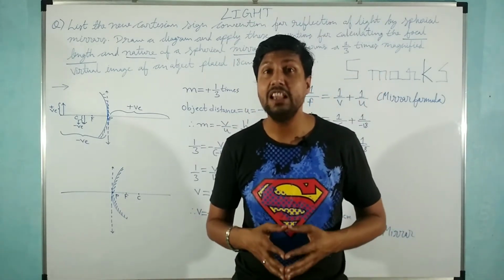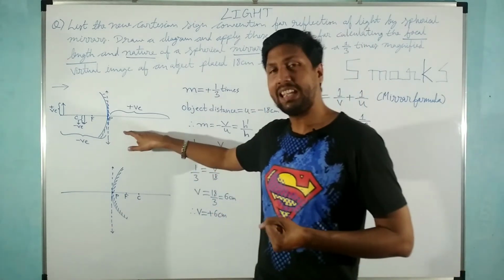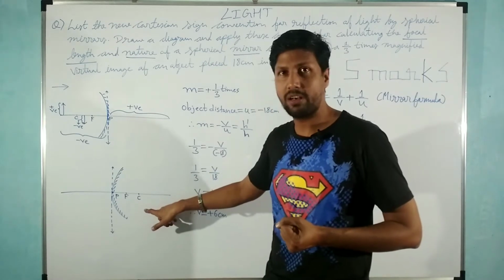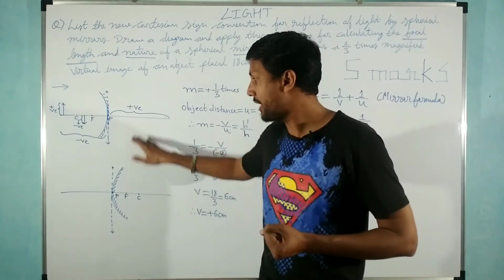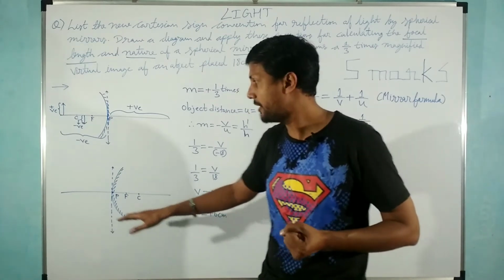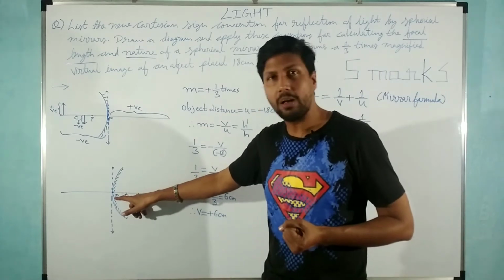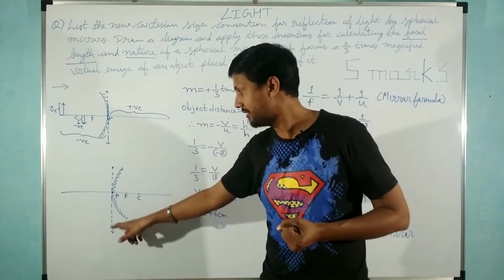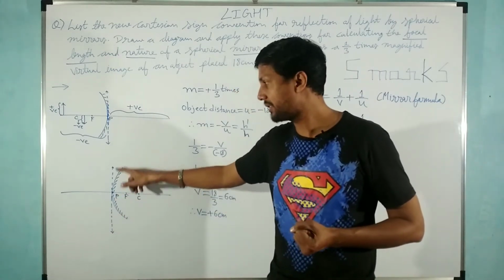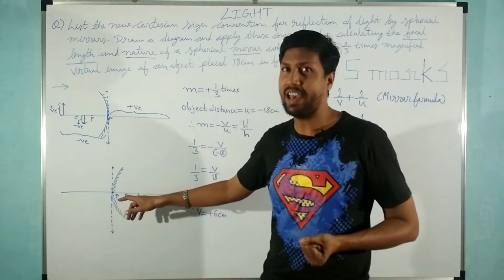for spherical mirrors. In spherical mirrors, we have concave mirror and convex mirror. These two diagrams are drawn according to the new Cartesian sign convention. Here, dear friends, this line represents the x-axis, the pole represents the origin, and the dotted line drawn above and below the principal axis is called the y-axis.